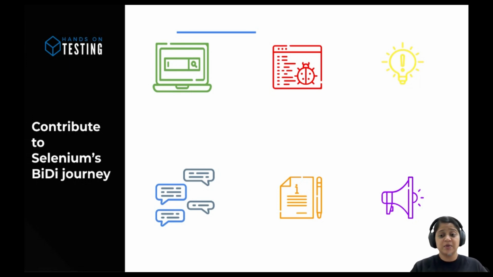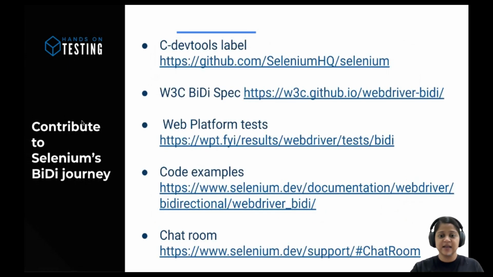Or write a blog post for us if you have some knowledge to share related to Selenium, or probably just simply make noise, right? You can just reshare that this exists in your network so they know these things exist. And not just Selenium, it could be for other tools like Puppeteer, WebDriverIO, the whole BiDi ecosystem that's there and will develop further.